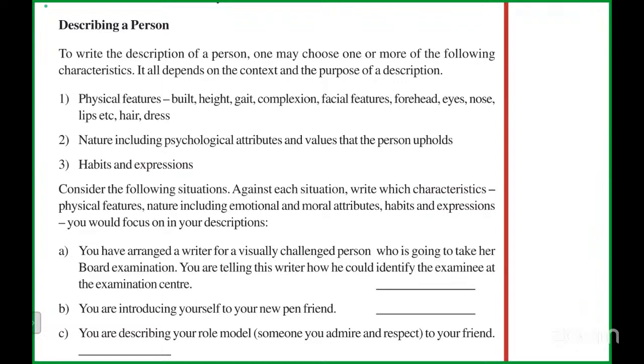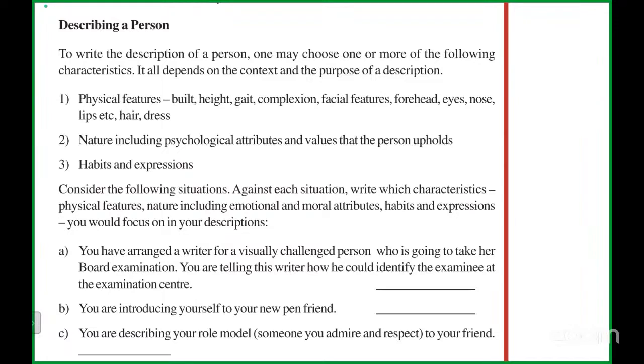Characteristics may be their physical features, like their build, their height. It's written gait, I think they mean weight, complexion, facial features, forehead, eyes, nose, lips, etc. Hair, dress. Okay.